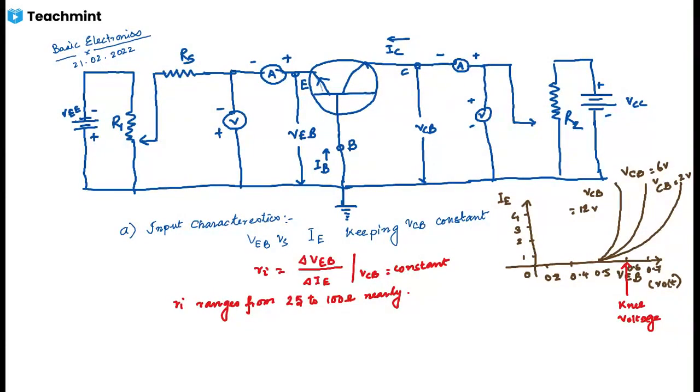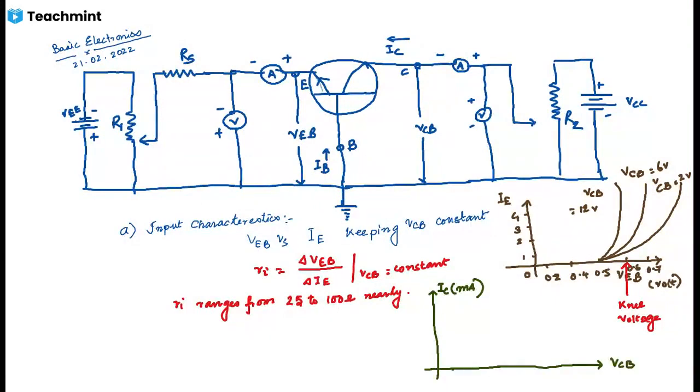Now there will be output characteristics in CB configuration. This is IC versus VCB.